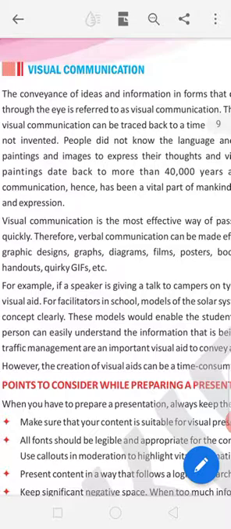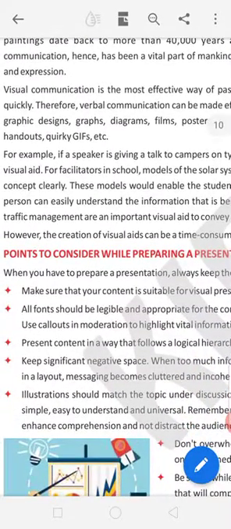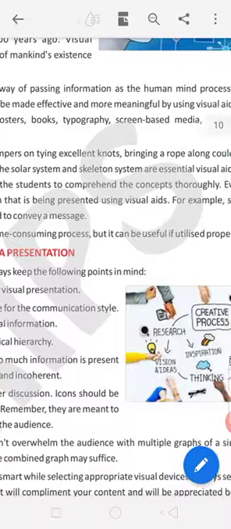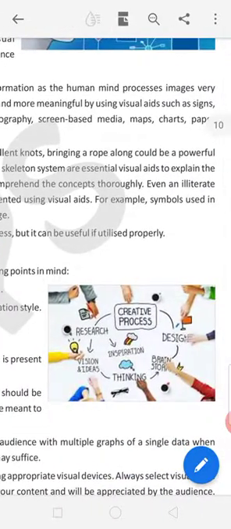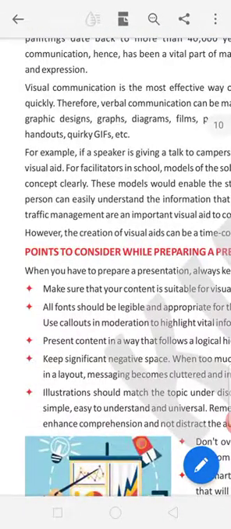We are using smart class, we are using models, graphs, skeletons, solar system models for remembering anything. Visual communication is the most effective way of passing information as the human mind processes images very quickly.